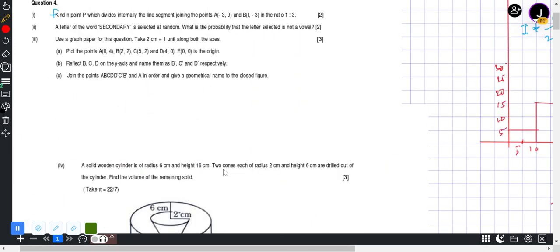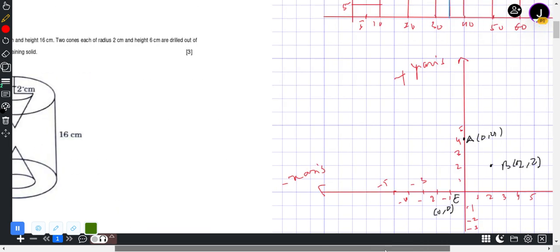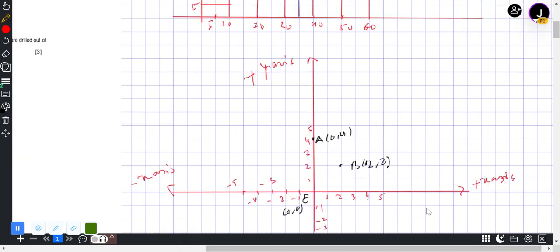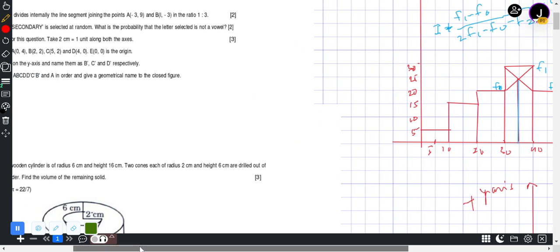Next, C is 5, 2 and D is 4, 0. C is 5, 2, so 5, 2 is here. This is your C. And E is 0, 0. So how many points?